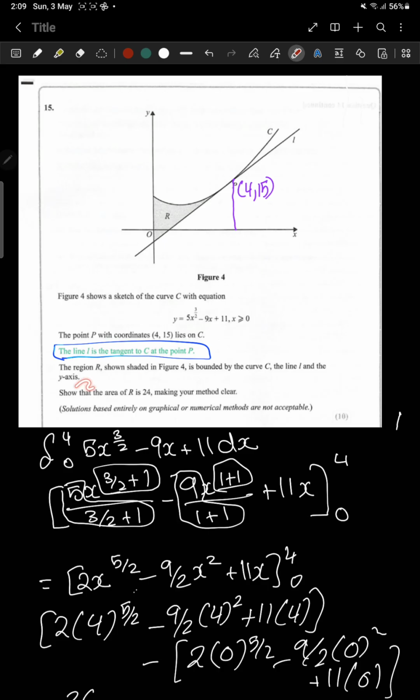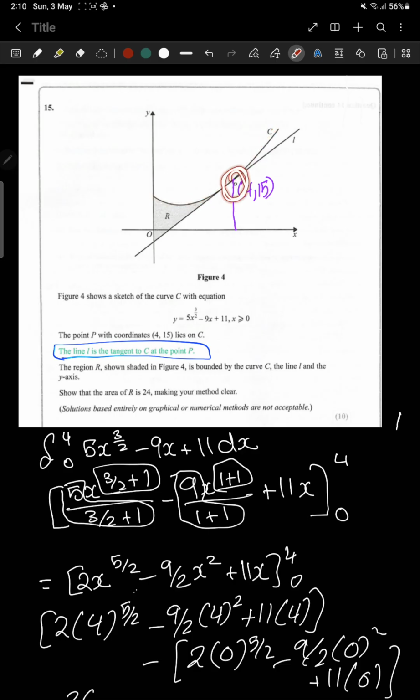Now this one is very crucial information, that line L is a tangent. If it's a tangent at point P, that means using differentiation we can find its gradient by doing dy over dx, because it's a tangent to the curve, right?